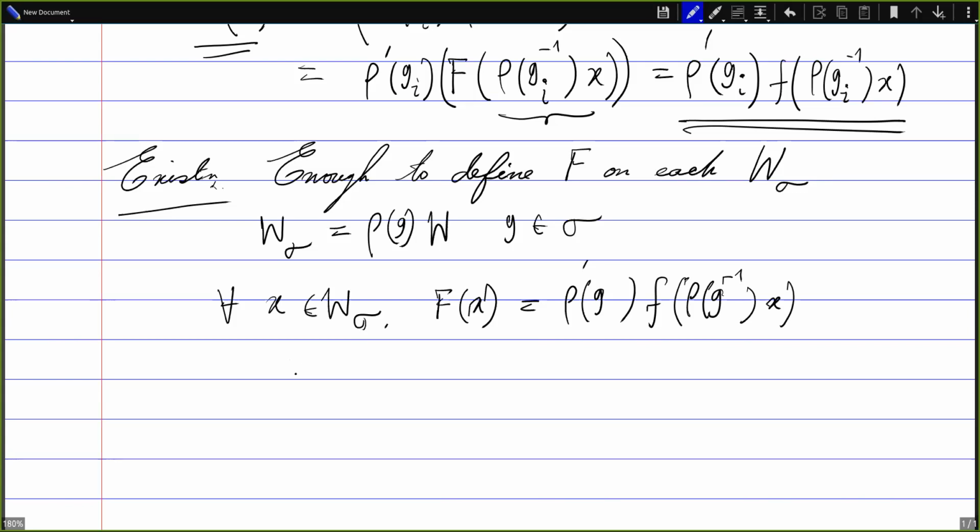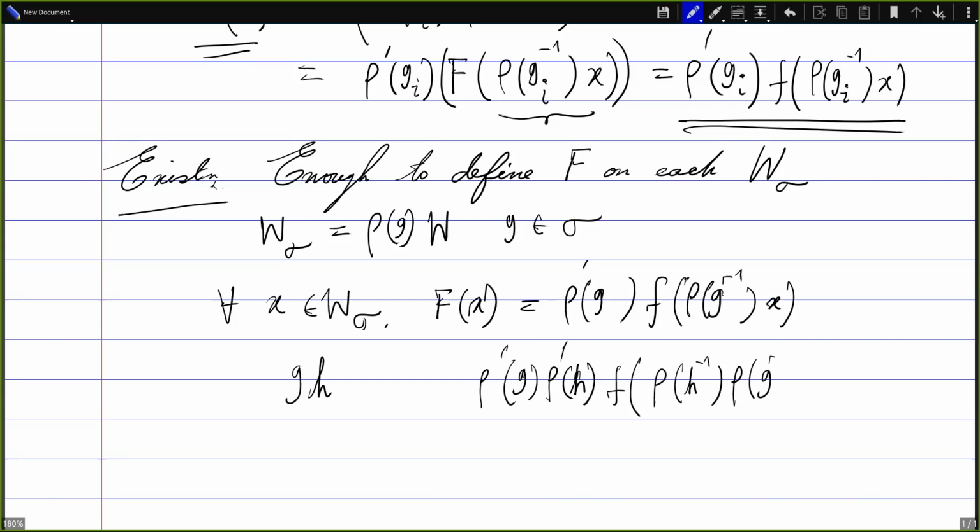If instead of g we take some other representative, that will be some gh where h belongs to H. Now you see that rho prime(gh) is rho prime(g) rho prime(h), f of rho(h) inverse, rho(g) inverse x, right? Fine.